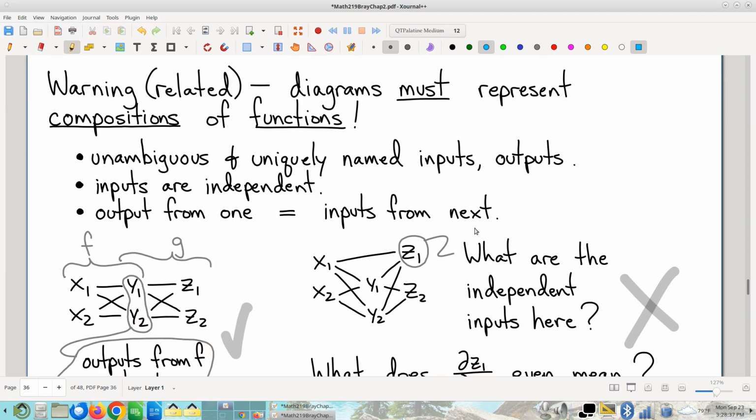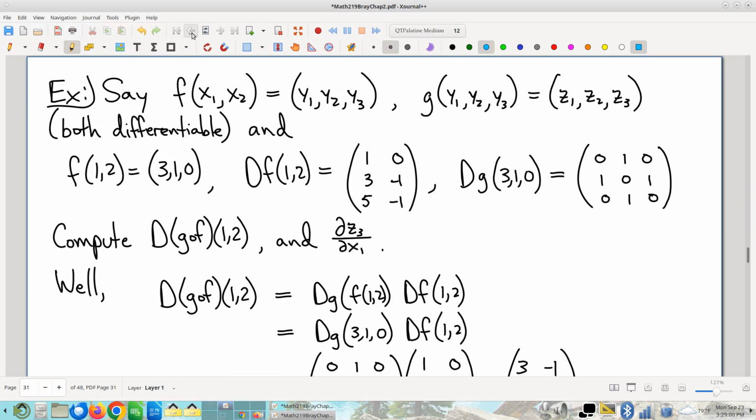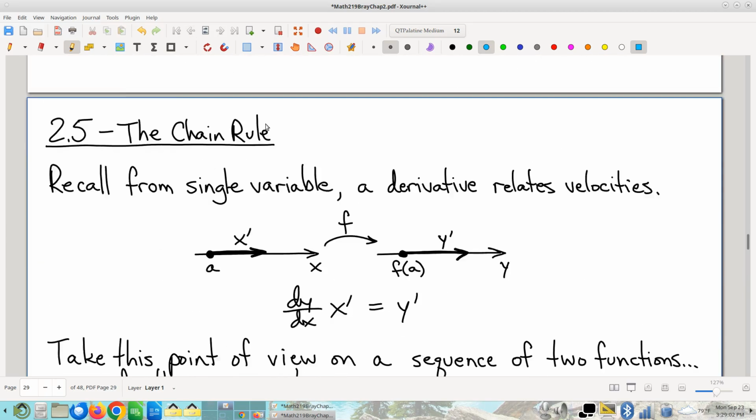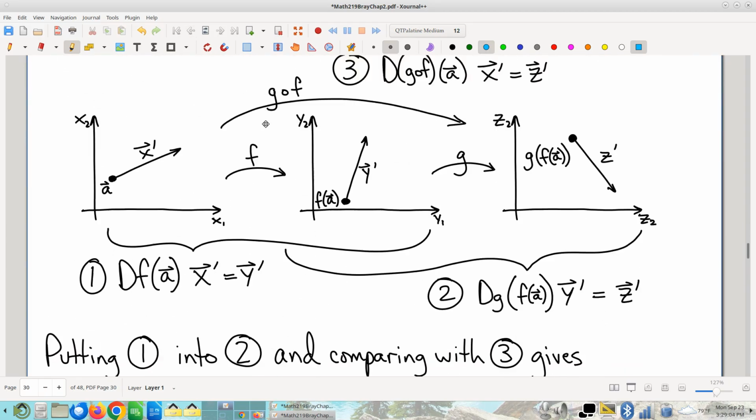When you set up a chain rule problem, you've got to make sure that you follow all of the rules. And fundamentally underneath all of this is that when you draw yourself a diagram, it has to represent a composition of functions. Now, just to be clear, why? Because that's where our chain rule came from, right? Here was our first multivariable chain rule.